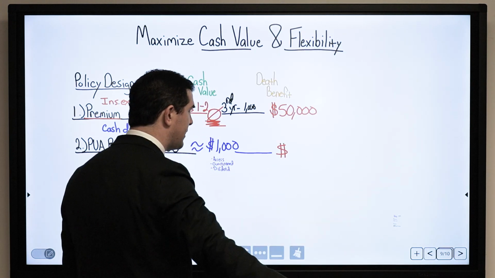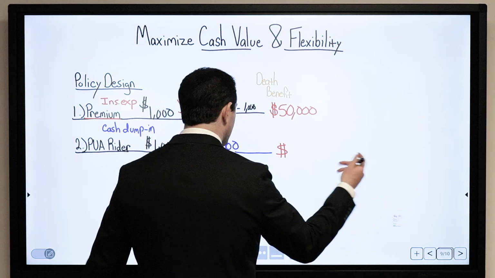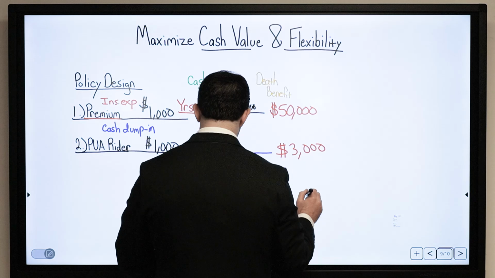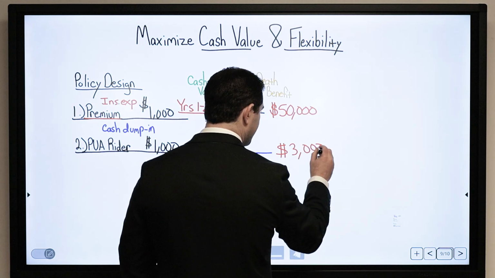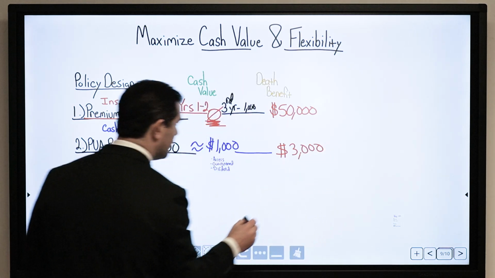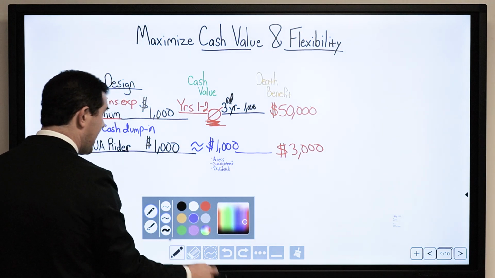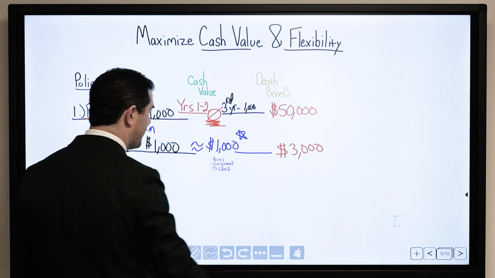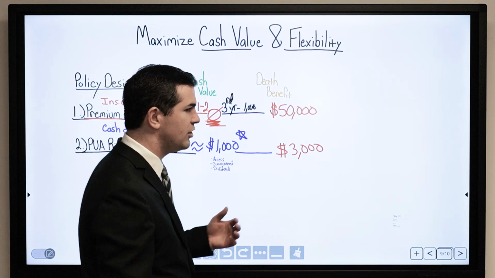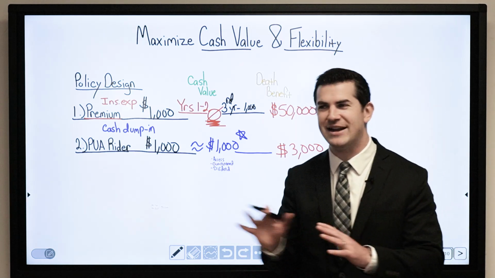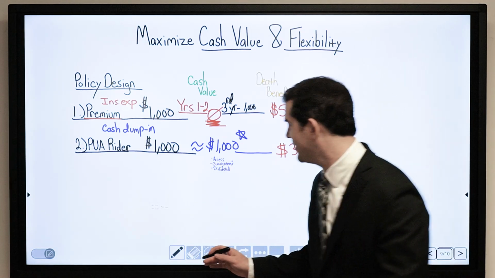For a 40-year-old male, like the example we just saw, on average, you may see if I pay in $1,000, $3,000 may come back to death benefit. It purchases me additional life insurance as well. However, the attractive component here is directing funds towards the PUA rider to accelerate the cash value growth. That's the area where everyone's interested.